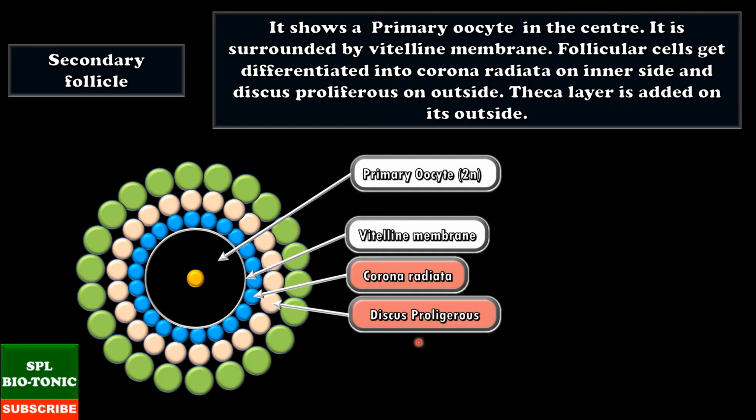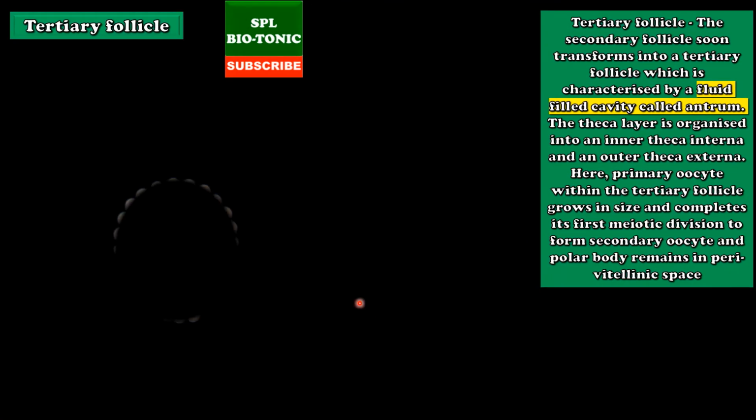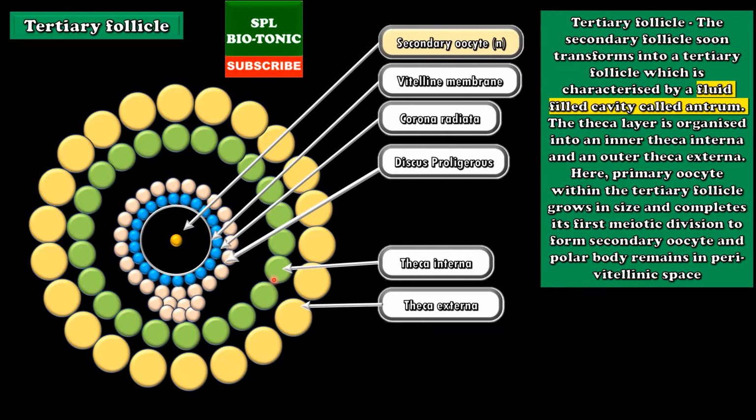This estrogen gets accumulated in the cavity called antrum. So the tertiary follicle is characterized by a fluid filled cavity called antrum. The theca layer is organized into inner theca interna and outer theca externa.